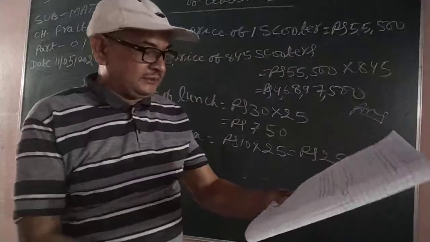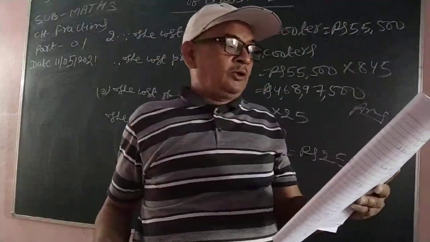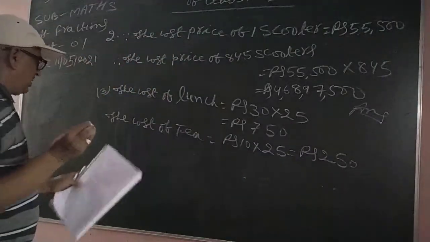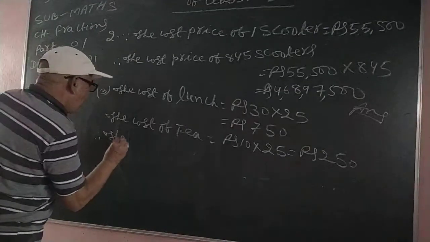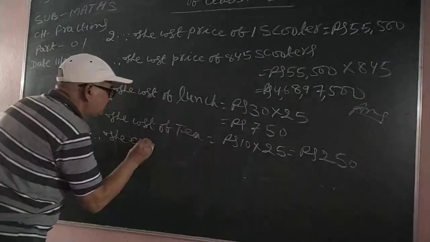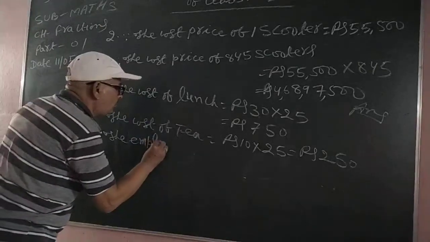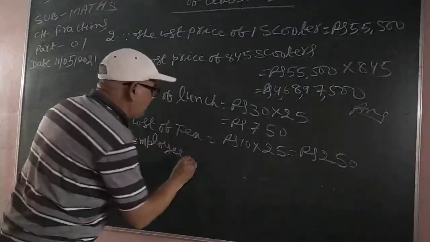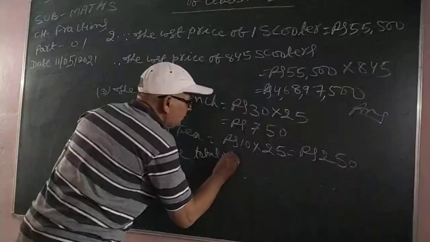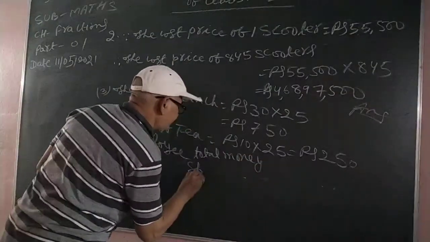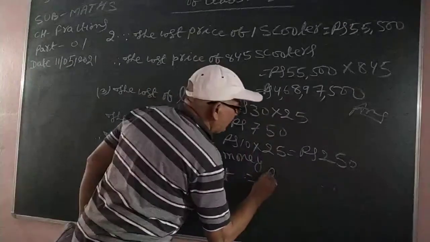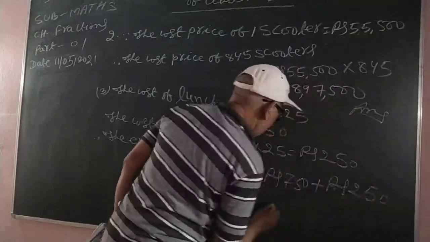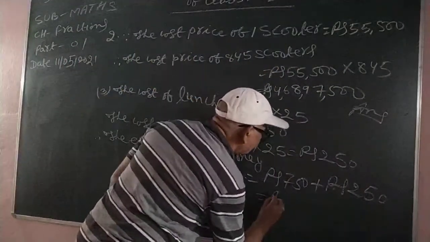Now what is the question asking? Calculate the money spent by an employee for 25 days. Therefore, the employee's total money spent is equal to rupees 750 plus rupees 250, which is rupees 1000.